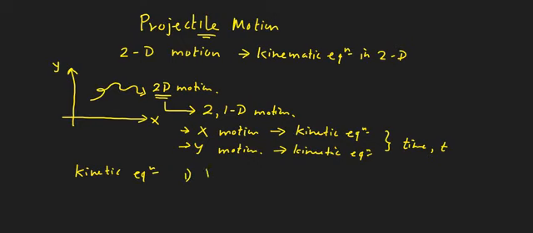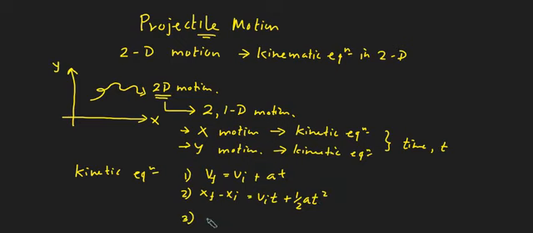The first one is velocity final equals velocity initial plus the acceleration multiplied by time. Number two, the separation or the distance, I can call that x final minus x initial, equals v initial multiplied by time plus 1/2 acceleration multiplied by time squared.